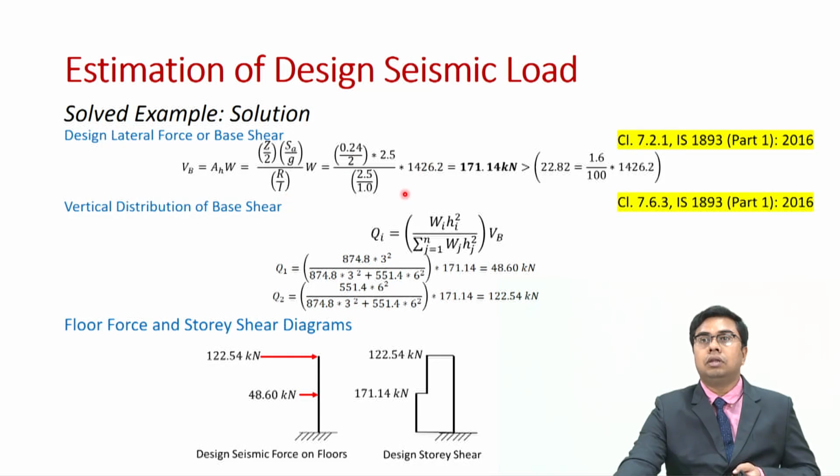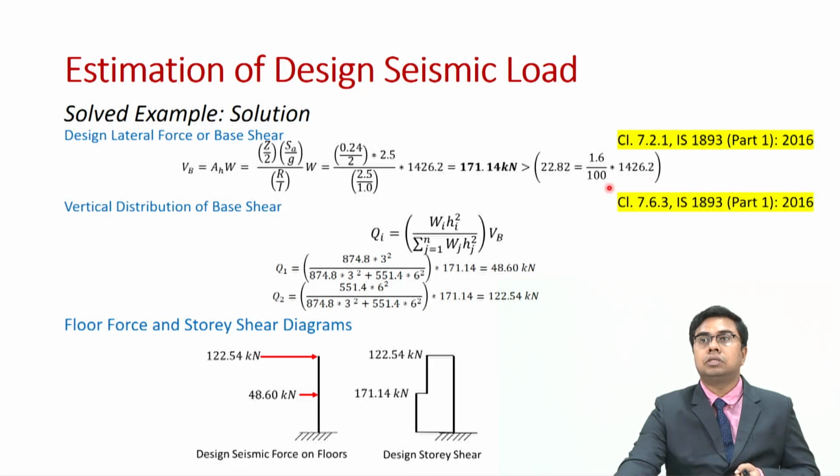Upon substituting all the values, we get the value of VB as 171.14 kilonewton. Now, based on clause 7.2.1 of IS 1893 part 1 2016, where we specify the minimum design base shear for any zone, the minimum design base shear should be 1.6% of the seismic weight.